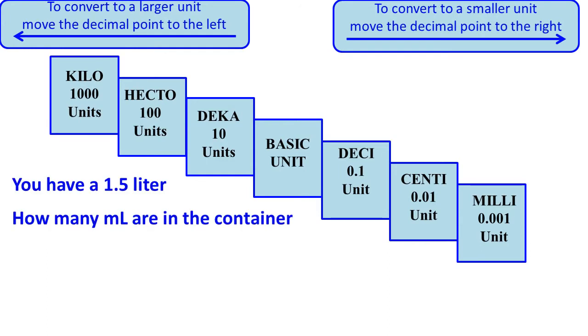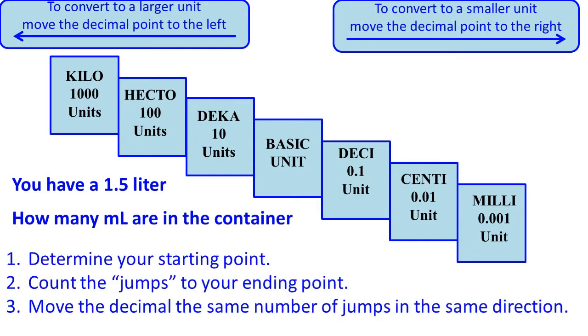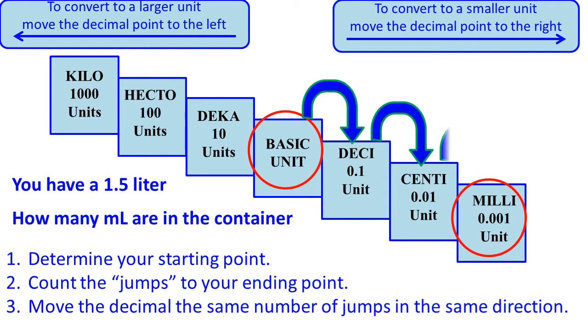Say you have a bottle of feeding supplement and you need to know how many milliliters it contains. Start at the unit you have. In this case, the bottle has 1.5 liters. Find the level you want to know, which is milliliters. Count the jumps to that block. We have 1, 2, 3.